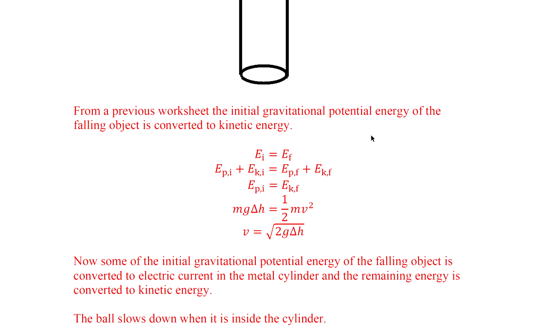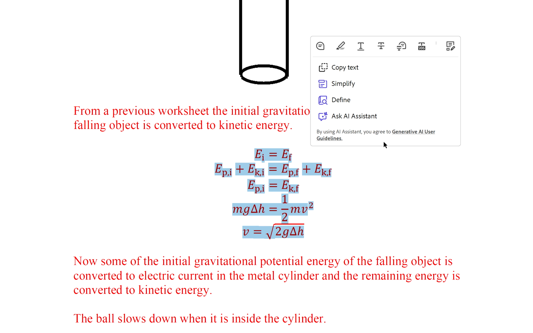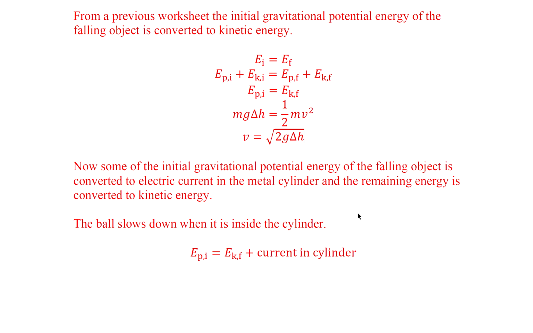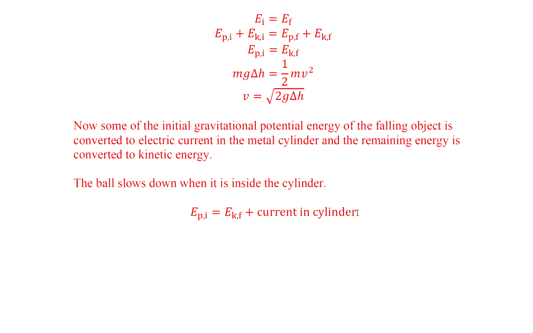So from kinematics, we know that all of the initial GPE becomes final kinetic energy. But when learning about flux and Faraday's law and Lenz's law, some of the energy is converted to electric current. So not all of the initial GPE gets converted to KE. Some of it is KE, some of it is current inside the cylinder.